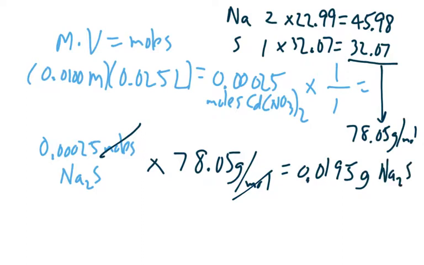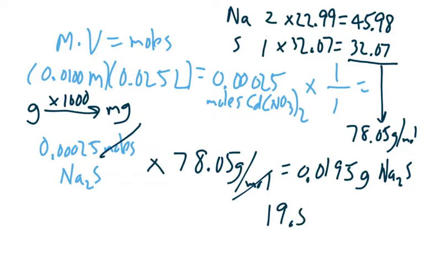But they don't want grams, they want milligrams. So to go from grams to milligrams, what you need to do is multiply by 1,000. So when we multiply 0.0195 by 1,000, you end up getting 19.5 milligrams of sodium sulfide.